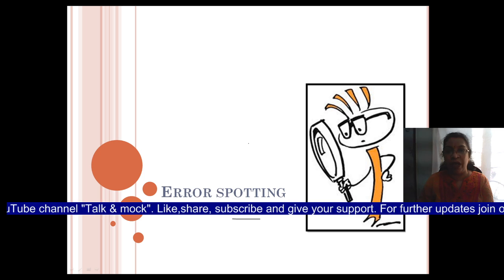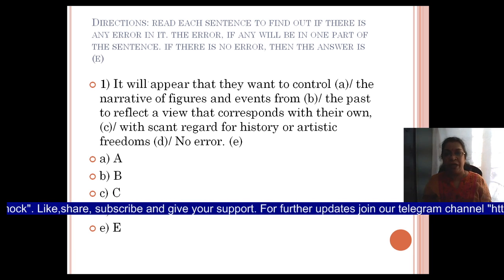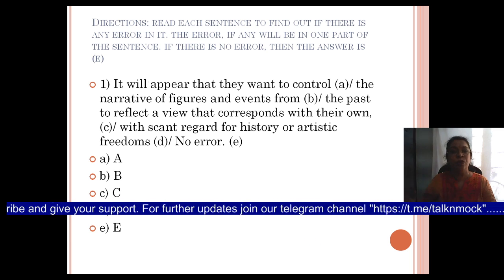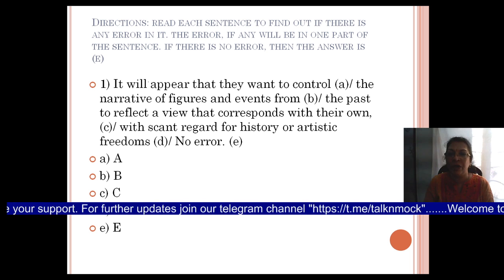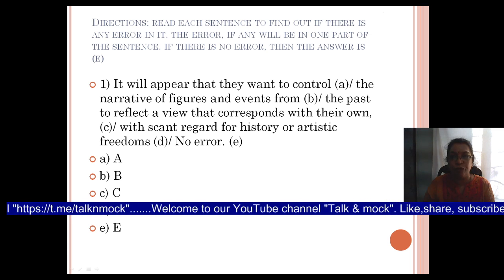Yeah, let us go to error spotting. So how will you expect error spotting? You will have sentences divided into 4 or 5 parts. First you need to read the directions carefully, and read each sentence to find out if there is any error in it.